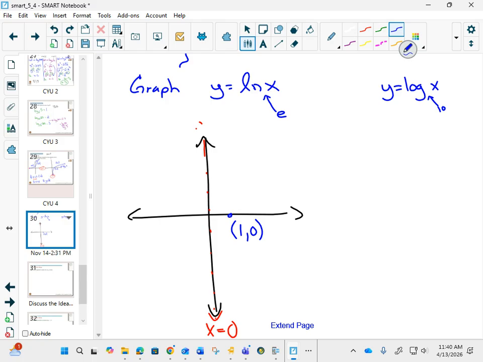And since the base is e, this is the only point that's going to be different. Instead of, like with base 4, where we had (4, 1), with a base of e we would have (e, 1). Same shape. This is the graph of the natural logarithm.